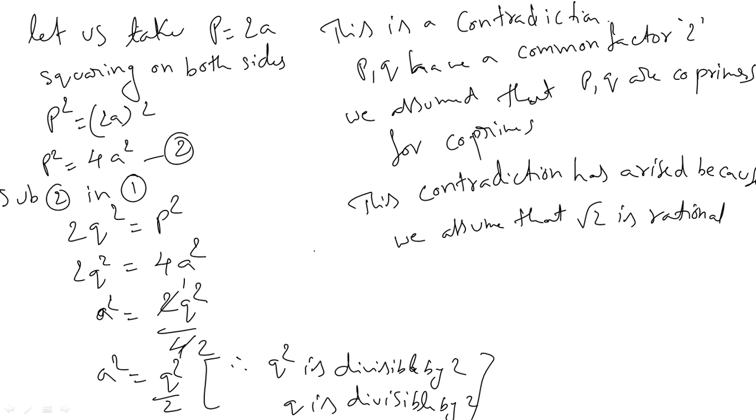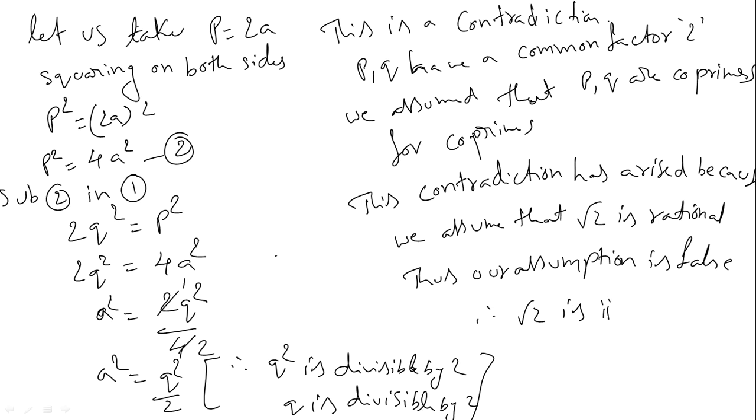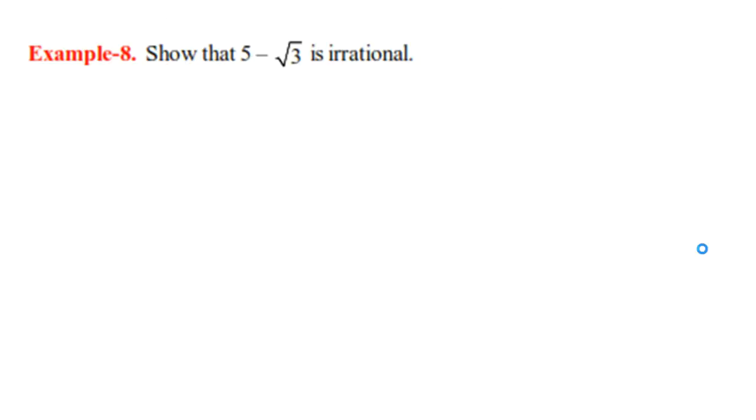So our assumption is false. Therefore, root 2 is an irrational number. Okay, next. Let's move on to the next example.